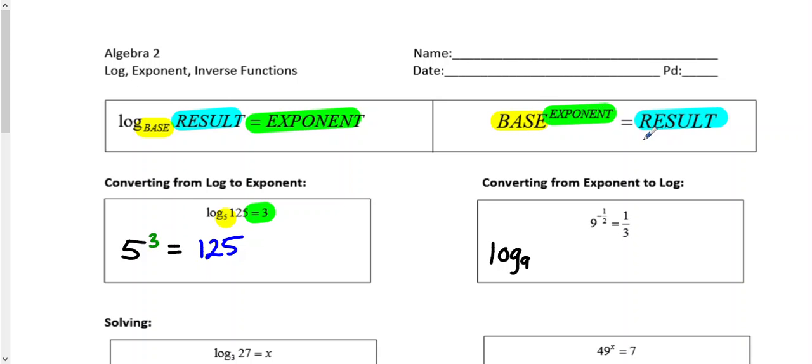An exponent, the result is what it equals. So log base 9 of 1/3 equals, remember logs always equal the exponent, and in this case it's going to equal -1/2. So that's how we write them in different versions, converting the log to an exponent and then converting the exponent to a log.